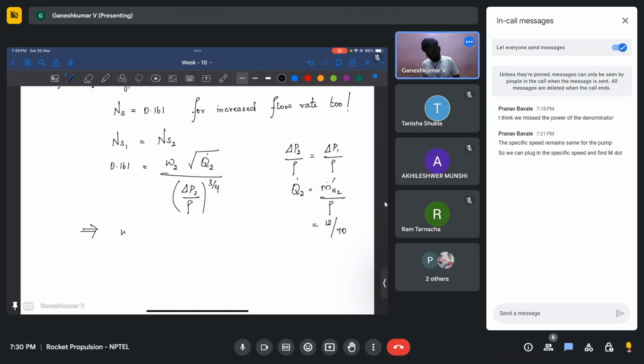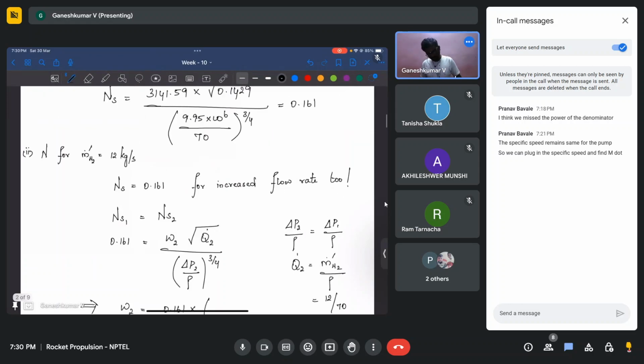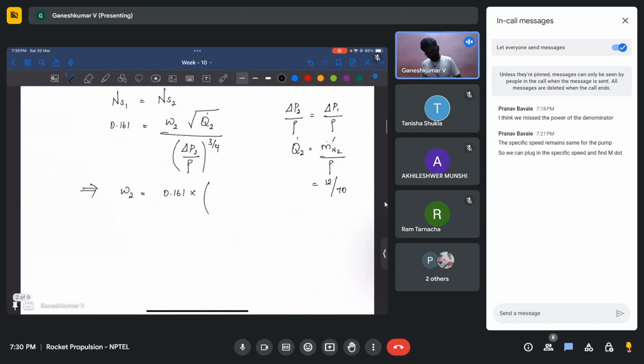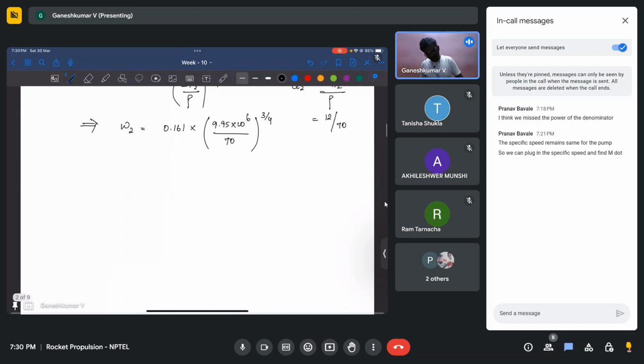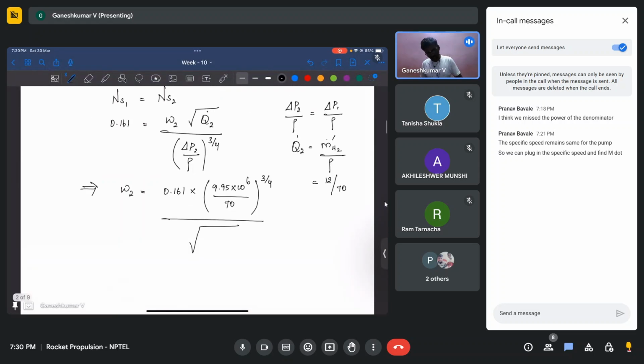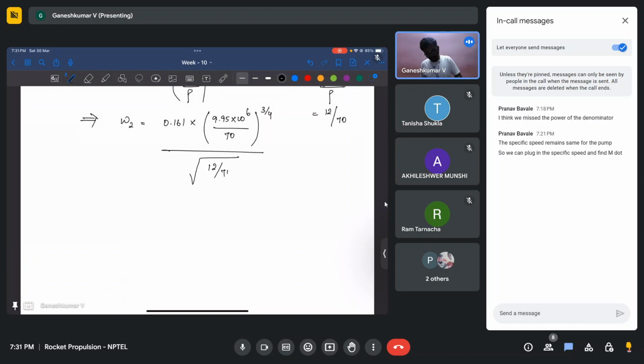Let me rearrange it. 0.161 times delta p2 by rho, sorry about that, delta p2 by rho is p1 by rho, which is 9.95 into 10 power 6 by 70, to the power 3 by 4, divided by square root of q dot, which is 12 by 70.